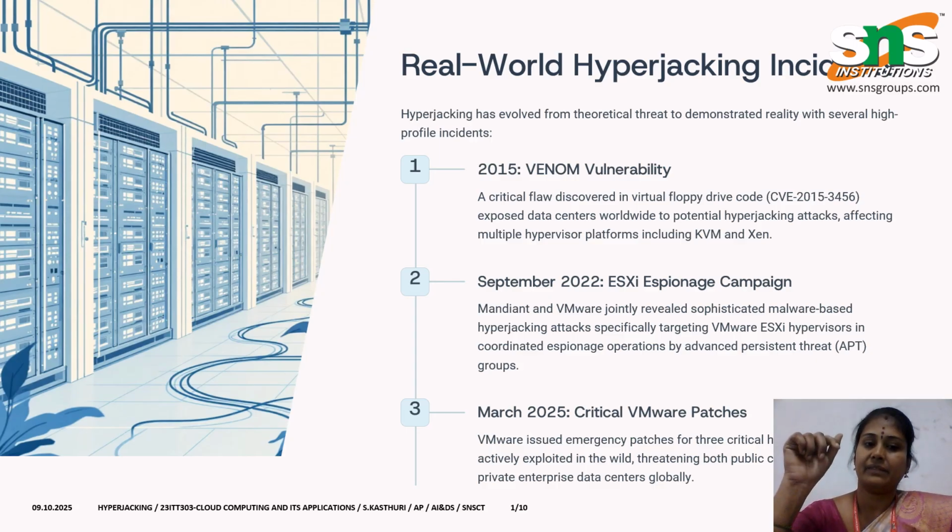In 2025, global VMware patches: emergency updates were issued for actively exploited hypervisor flaws affecting cloud giants like AWS Outposts and private data centers. So what started as theory is now reality. Hyperjacking is no longer rare; it's part of modern cyberwar.